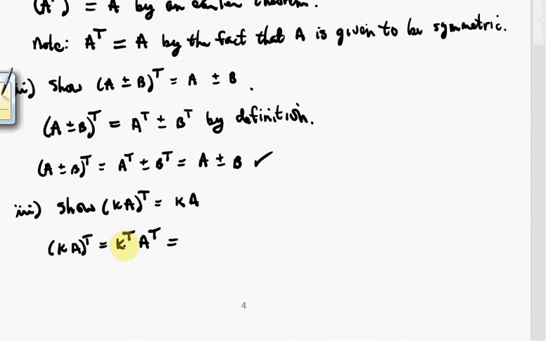The transpose is in terms of a matrix where I interchange rows and columns, but if I have just one number to interchange, it still keeps its form. So K transpose is just K, and then A transpose is A, since A is symmetric.